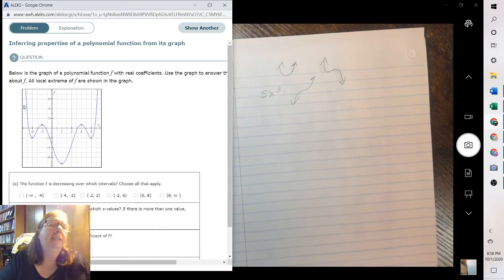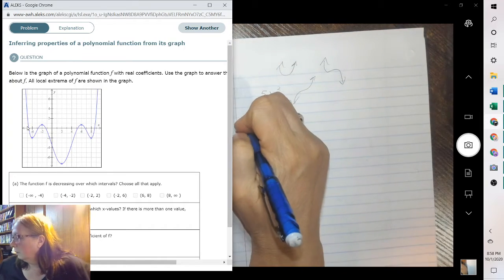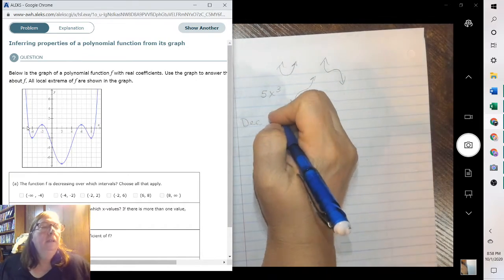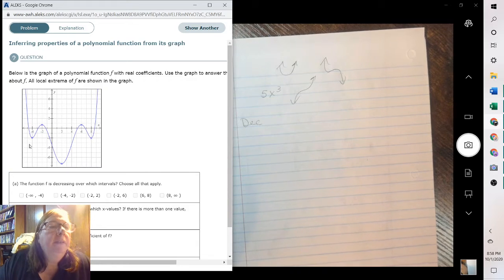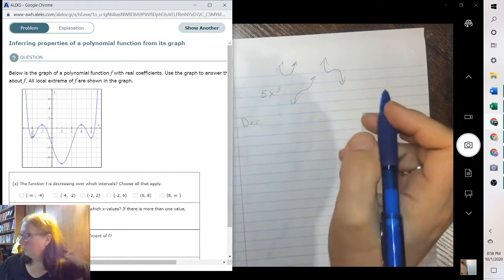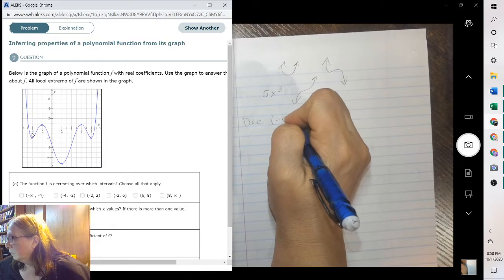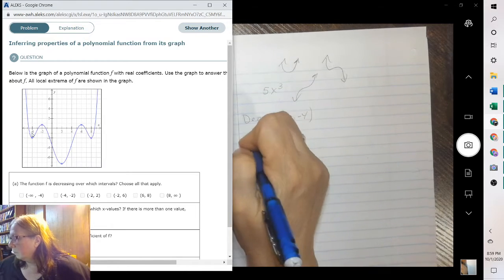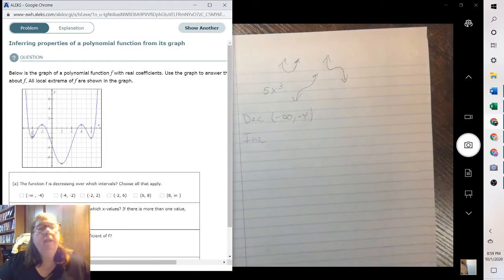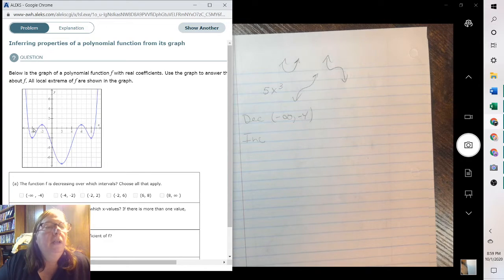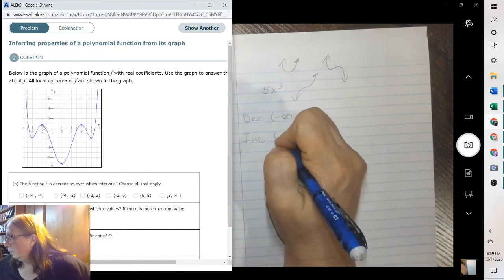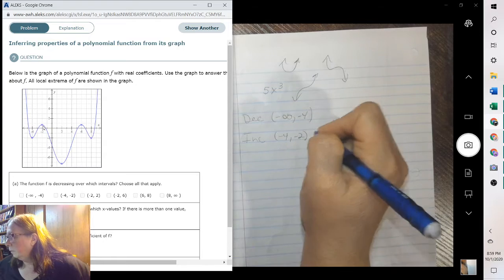Well, if we look at this, it's decreasing from negative infinity to negative 4. And then it starts increasing. Now when you're doing this, you're going along the x-axis. So it increases from negative 4 to negative 2. It's going up.